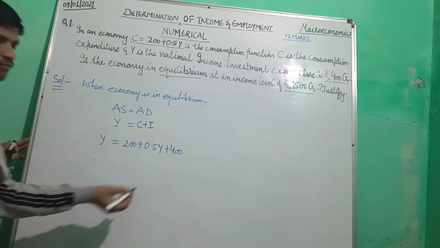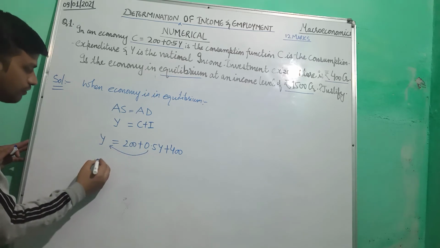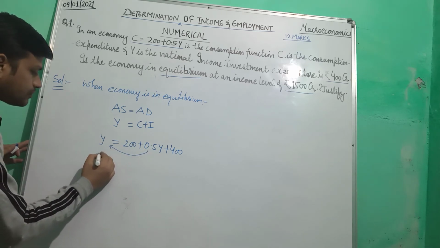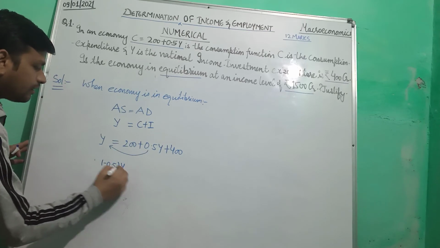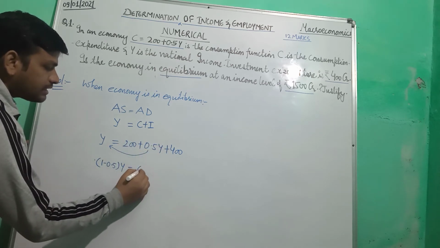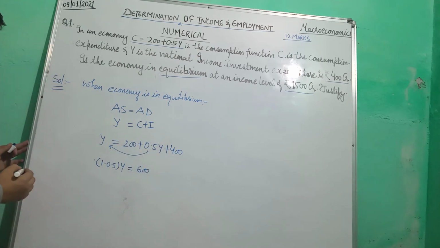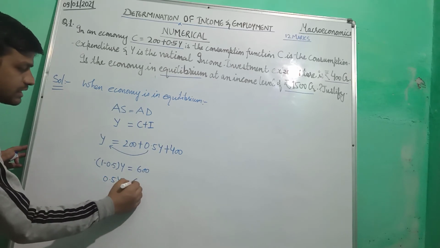Then, as we know, like terms are taken to one side, so we take 0.5 y minus from 1, so 1 minus 0.5 y. And 200 plus 400 is 600. Then 0.5 y is equal to 600.